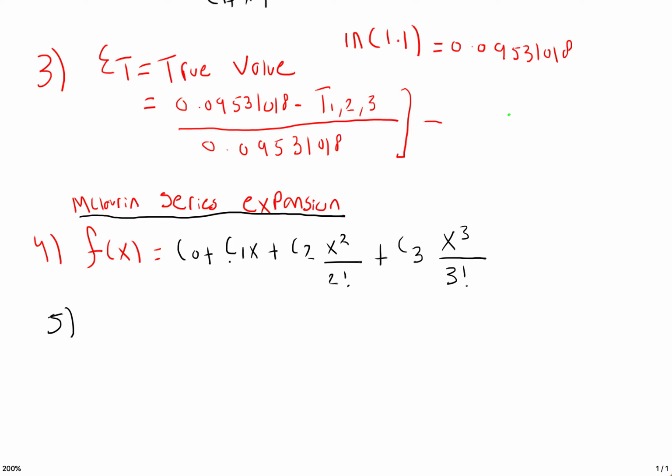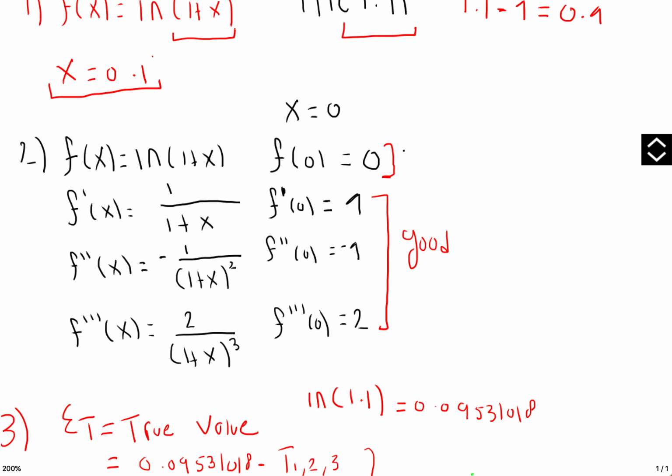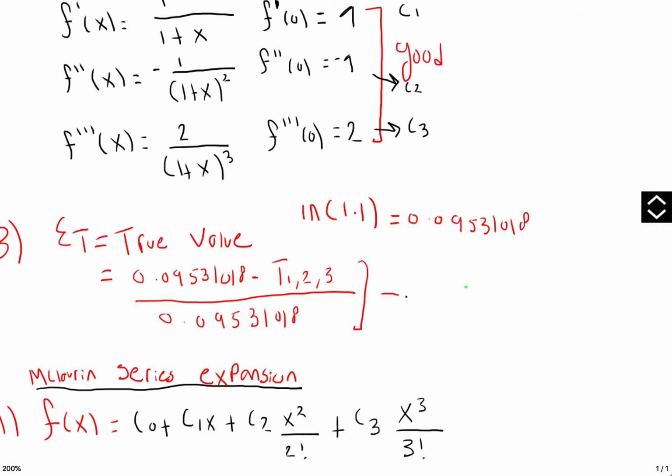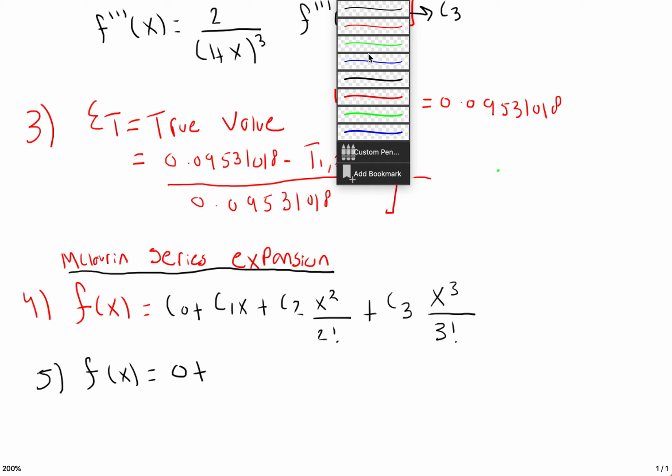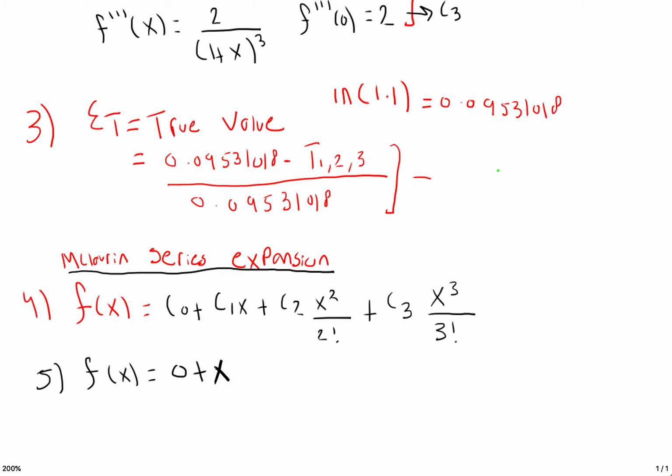These represent the coefficients, and we found all these coefficients. This here is C0, this here is C1, this here is C2, and this here is C3. That's very straightforward. So we can conclude that f at x for the Maclaurin series expansion is 0 plus 1x, which I'm just going to write as x.